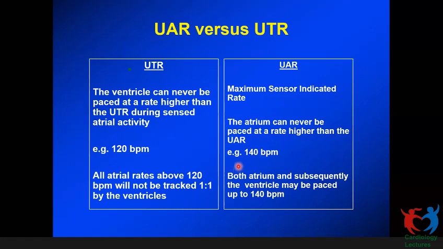Upper activity rate and the upper tracking rate are the same at nominal settings. But you could program either a higher upper tracking rate and a slightly lower upper sensor rate, and vice versa as well. And it depends. In a lot of cases, patients have good sinus node function and AV block, then you want to track and pace the ventricle.